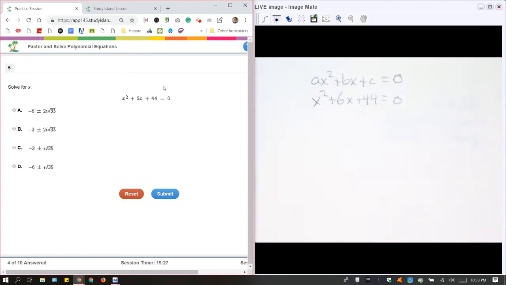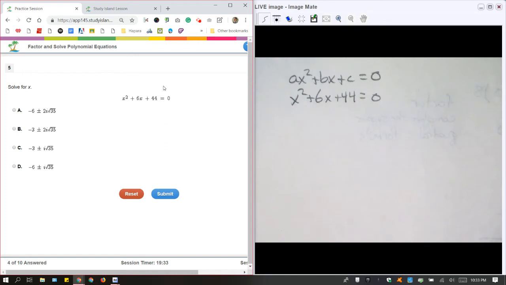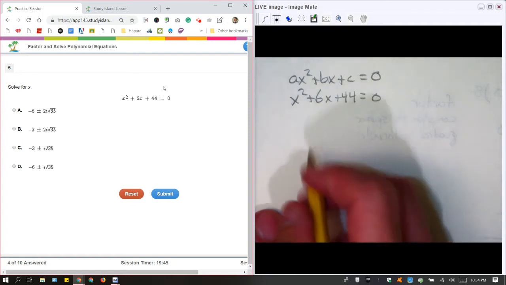So we can definitely use the quadratic formula for this. We don't necessarily have to. You can try and factor this down. What multiplies to be 44 and adds together to be 6 would be the question you're trying to ask yourself, and it's difficult to do those, so feel free to just use the quadratic formula on these.